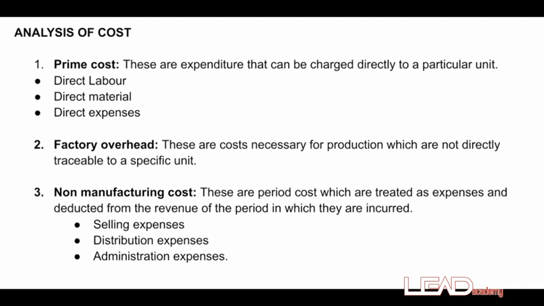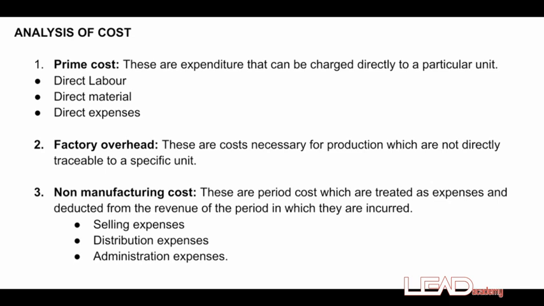Now these expenses are directly incurred in the production process of finished goods. We also have the factory overhead. Now these costs or expenses, they are not directly traced. They are being used in the production process, but they are not directly traced. They are indirect expenses or factory expenses.